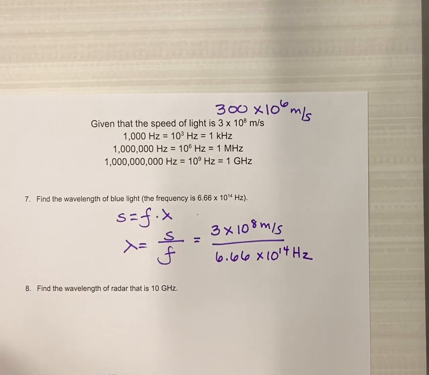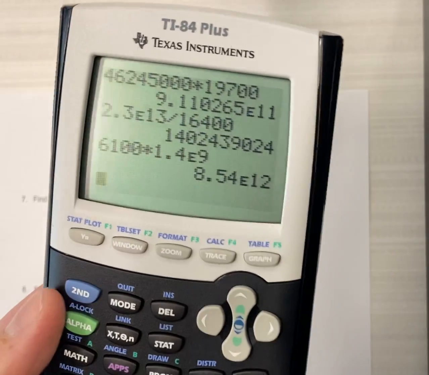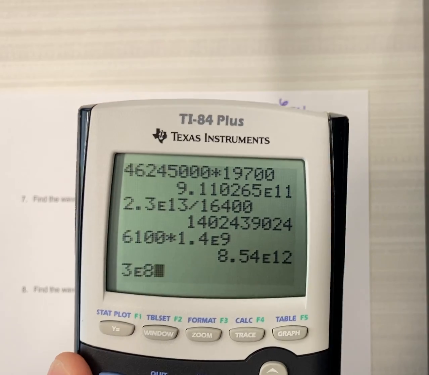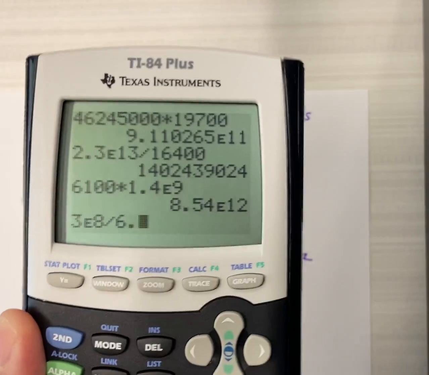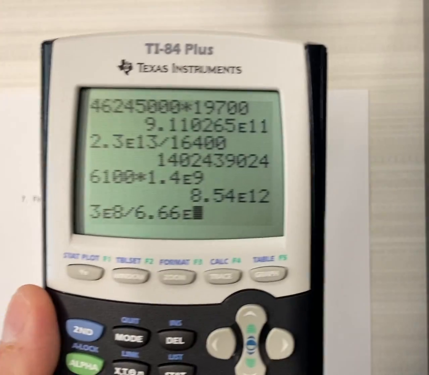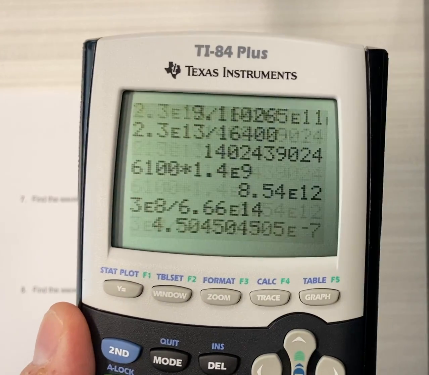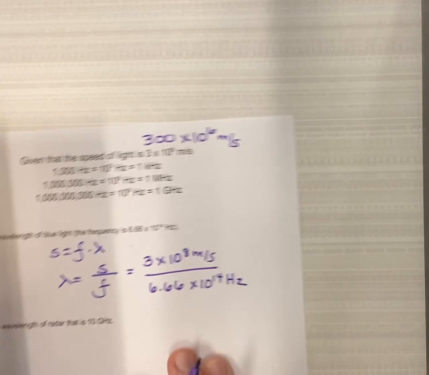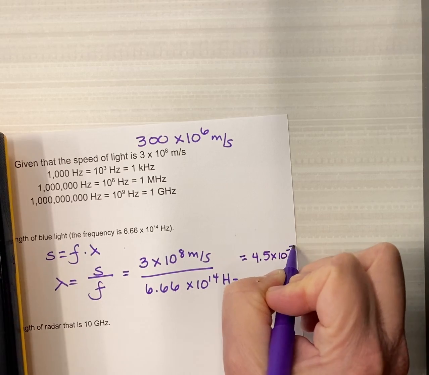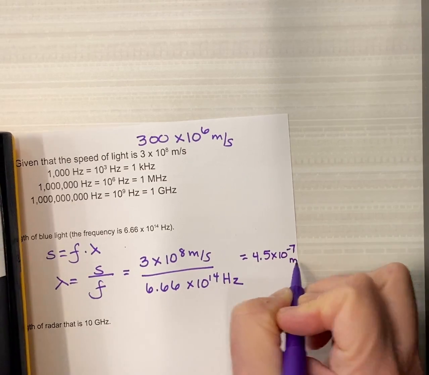When I divide that out, I'm going to have 3 times 10 to the 8th, again remembering how I put it in, divided by 6.66, EE, using that EE function, 10 to the 14th, and I'm going to get 4.5 times 10 to the negative 7th. My unit is meters.